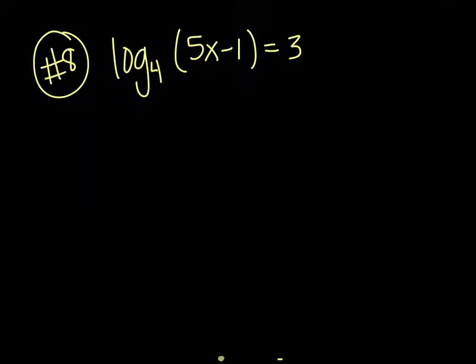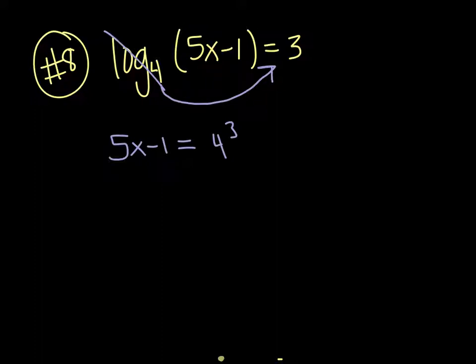So number 8 is an example where there's not a log on both sides. So the option here is not to cancel the log. The option here is to undo the log. So to undo the log, just like when we found inverses, we undid the log and made it into an exponential equation. We're going to do the same thing here. We're going to bring the base of the log over, and that gets rid of our log, leaving us with just 5x minus 1 equals 4 to the third power.